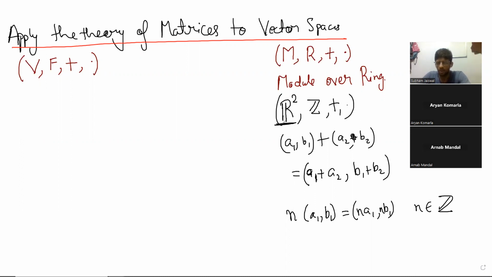So R2 is the module and the ring is Z. Vector space over field, and here we have module over ring. You may find this a little odd, but it's very, very useful. It will come soon. I'm not giving a good example now because it will confuse you.